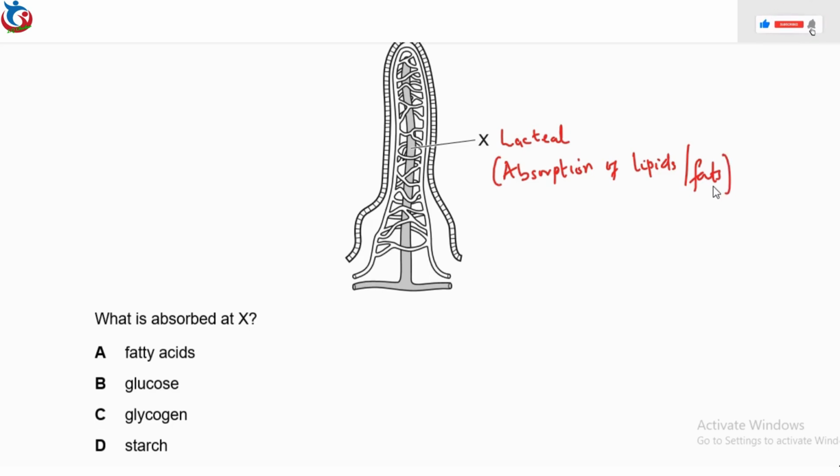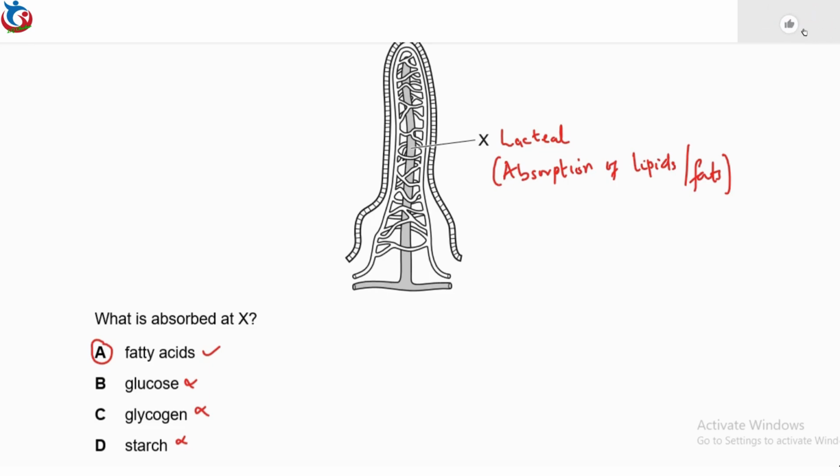That's the function of the lacteal. So with this, the part labeled X absorbs not glucose, not glycogen, not starch, but fatty acids, which are also lipids. So option A is our correct answer.